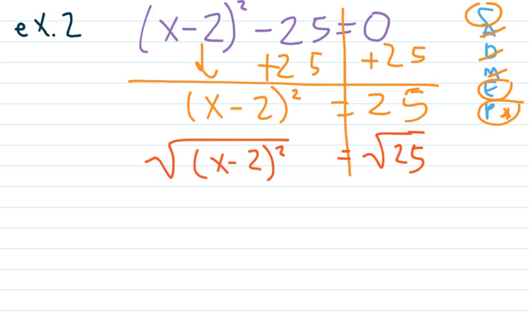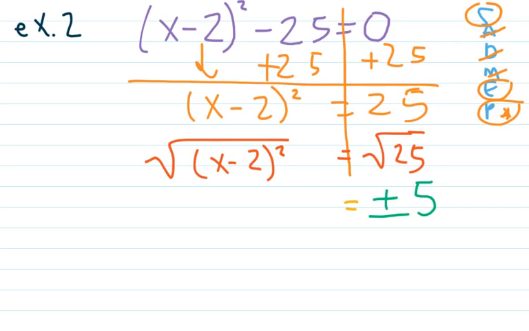When we're taking the square root, we not only are going to have positive answers, but we're also going to have negative answers. Let's use green. So this is now going to be plus or minus 5, because positive 5 times positive 5 is 25, and negative 5 times negative 5 is 25.